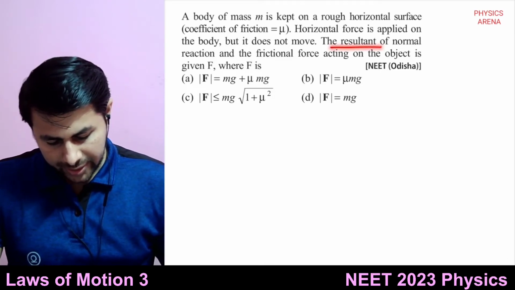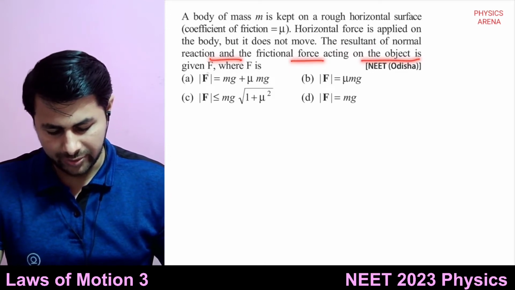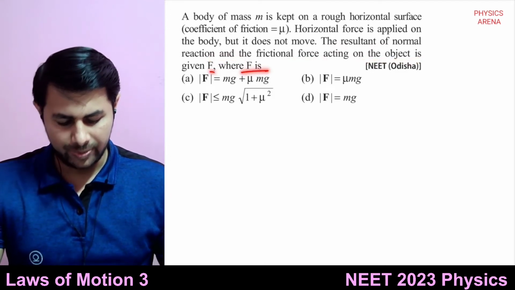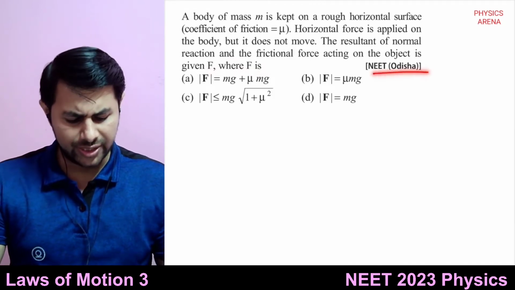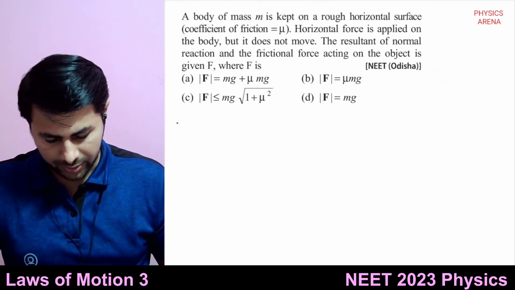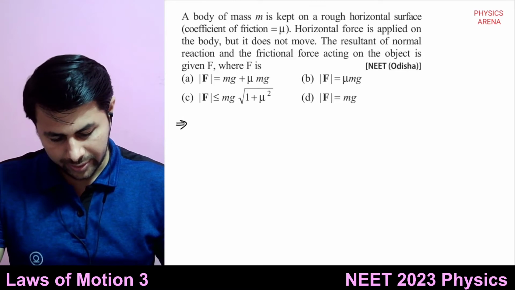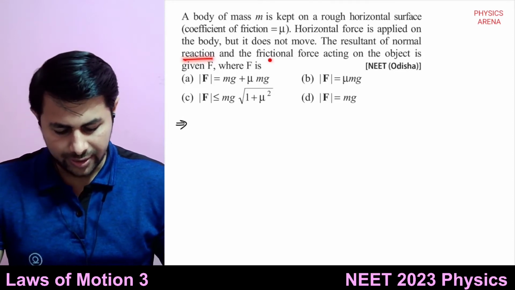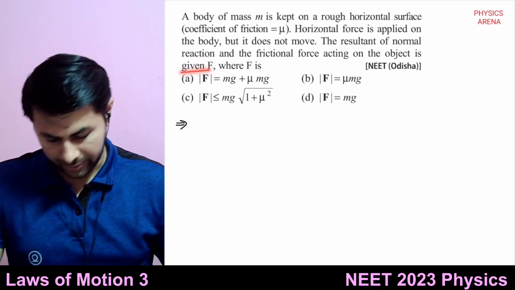The resultant of normal reaction and frictional force acting on the object is F. This is a very simple problem. It is from NEET, I guess 2019.